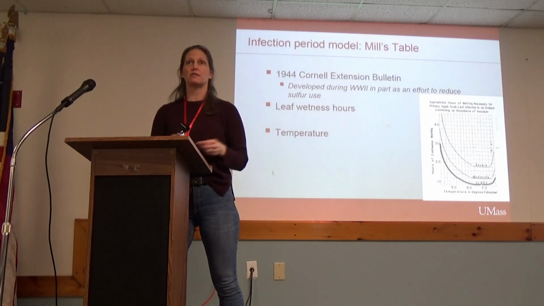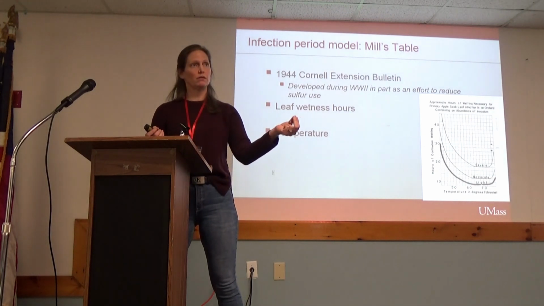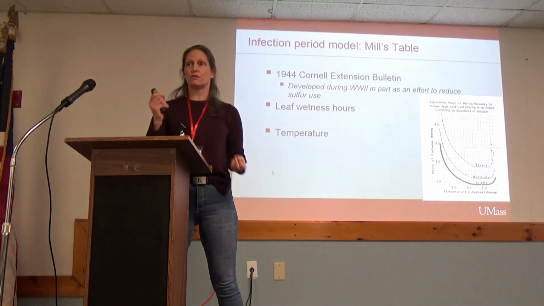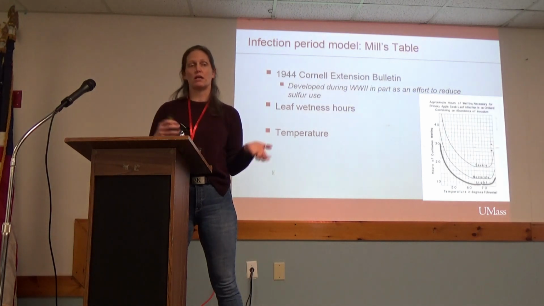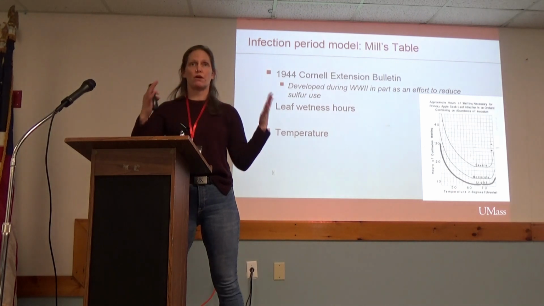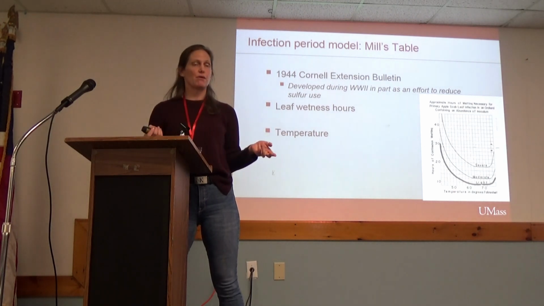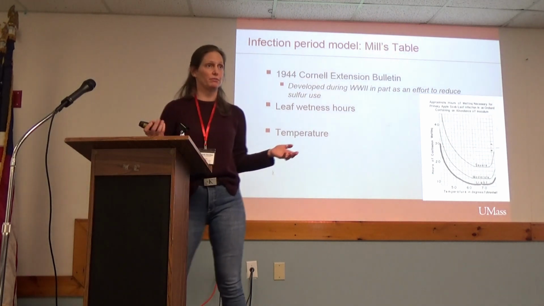He said, given that you have inoculum in the orchard, and a certain duration of leaf wetness at a certain temperature, you're going to have infection, and he elucidated how severe that infection would be based on temperature and leaf wetness. For example, at 70 degrees, about 18 hours of leaf wetness would give you a severe infection.